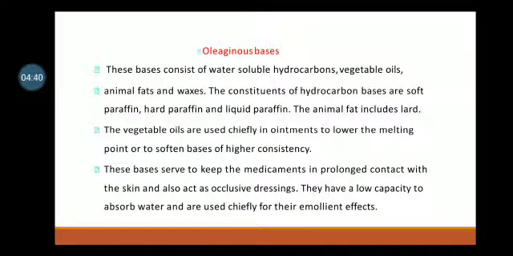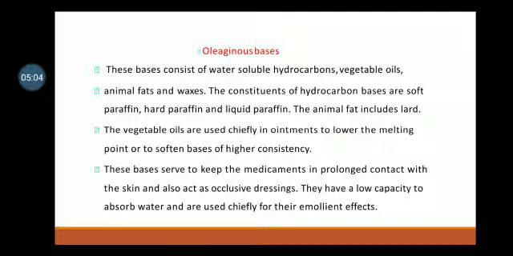First, oleogenous bases. These bases consist of hydrocarbons, vegetable oils, animal fats, and waxes. The constituents of hydrocarbon bases are soft paraffin, hard paraffin, and liquid paraffin. The animal fat includes lard.